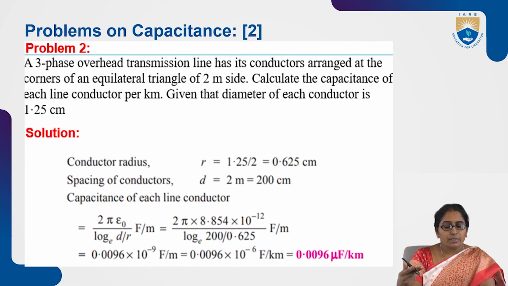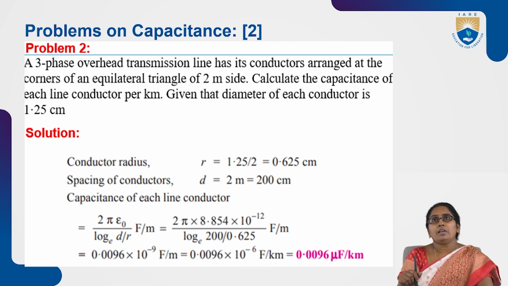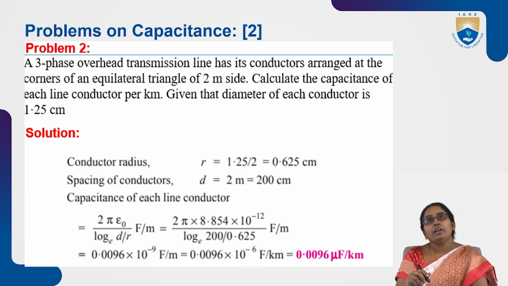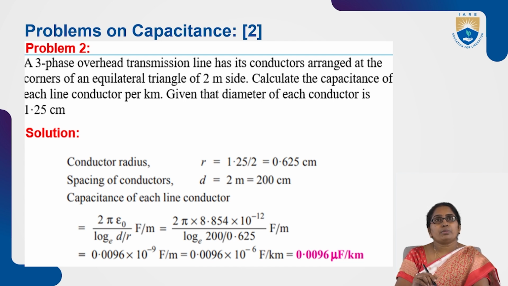Next problem: a three-phase overhead transmission line has its conductors arranged at the corners of an equilateral triangle of 2 meters side. Calculate the capacitance of each line per kilometer.